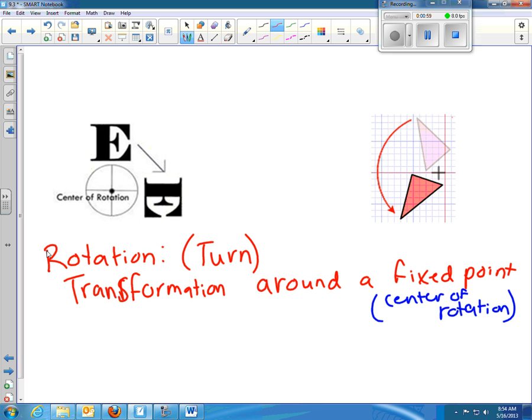And it's through a specific angle and direction.